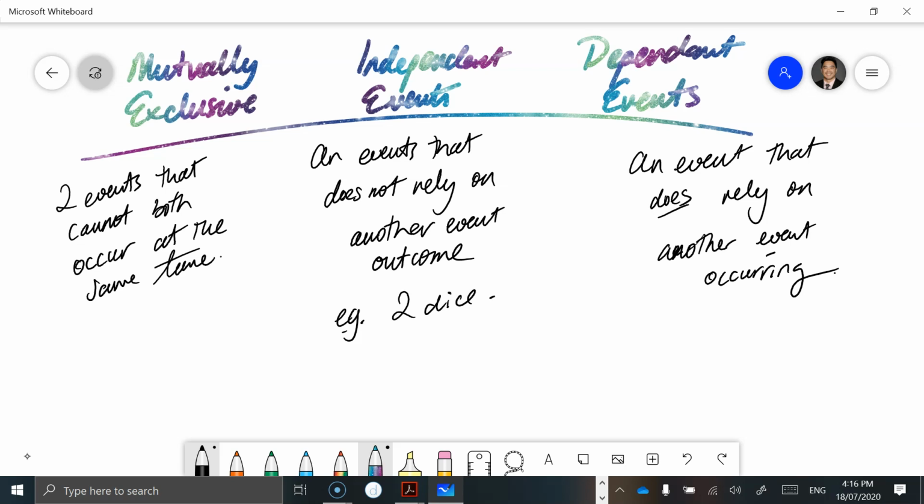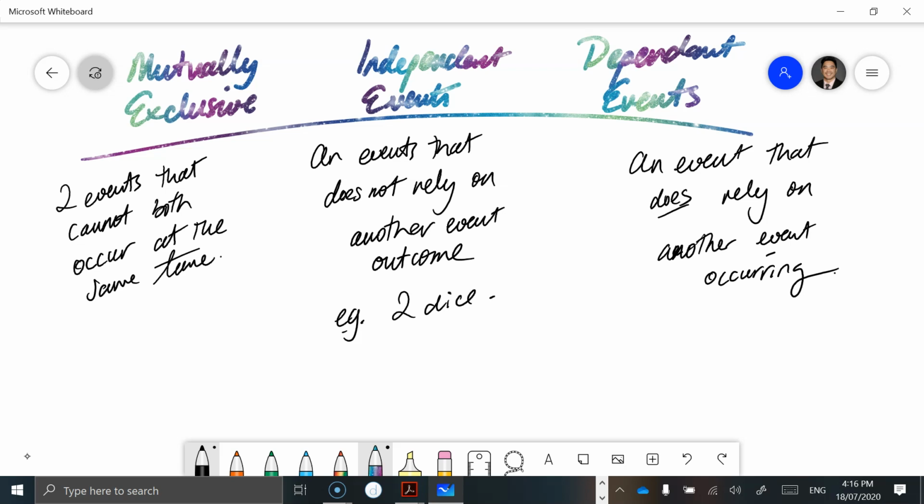And let's say drawing a card at random, not replacing it, and then drawing another card. In the previous video, we were looking at events with replacing and without replacing. Obviously, when you take something out and you don't replace it, that does impact the second outcome.